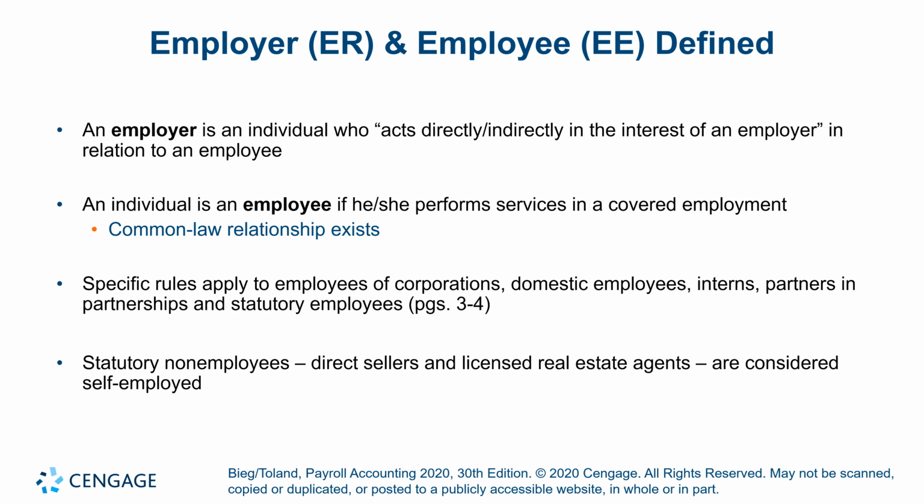Some examples of this would be commission drivers, industrial home workers, full-time life insurance agents, full-time traveling or city salespeople. And then statutory non-employees, these include direct sellers or licensed real estate agents. And for federal tax purposes, these individuals are considered self-employed.